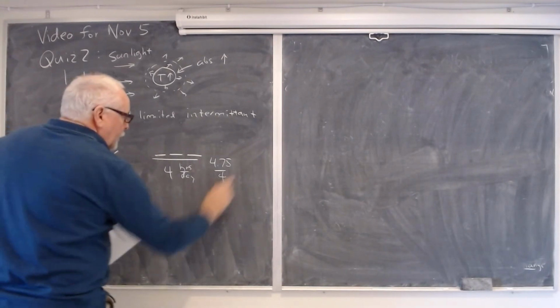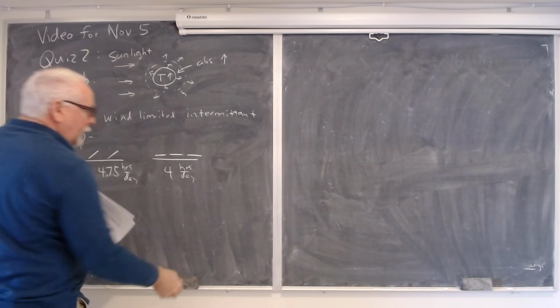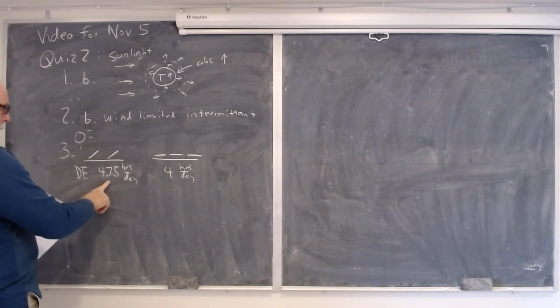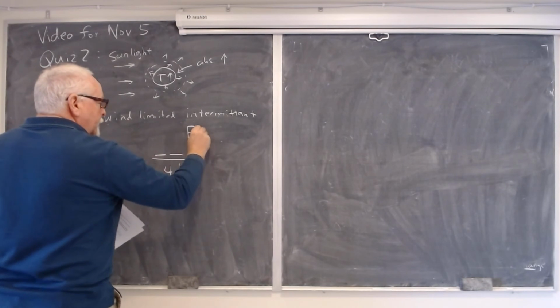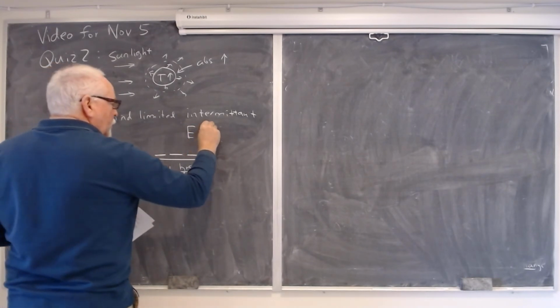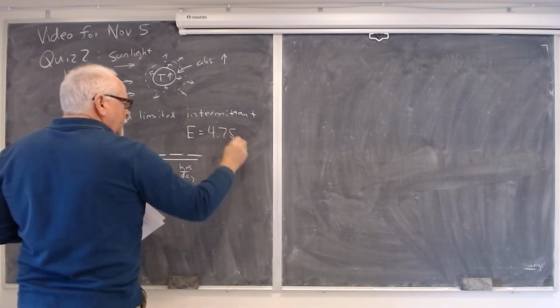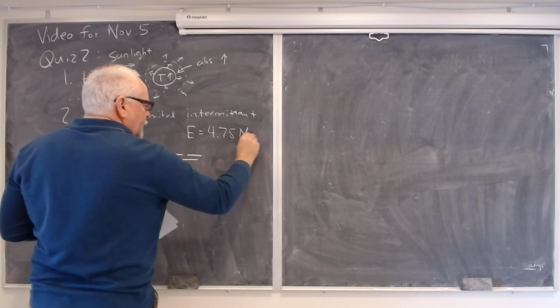in case you have a little difficulty thinking of it, for this you're going to get a certain amount of energy. The energy is equal to 4.75 times the number of panels tilted.